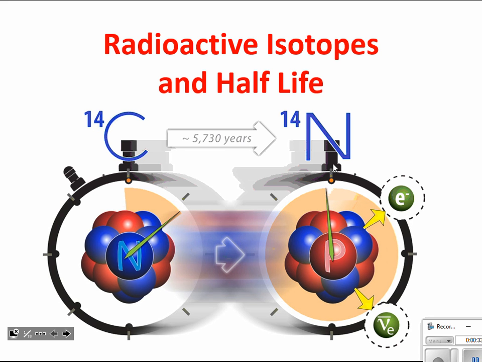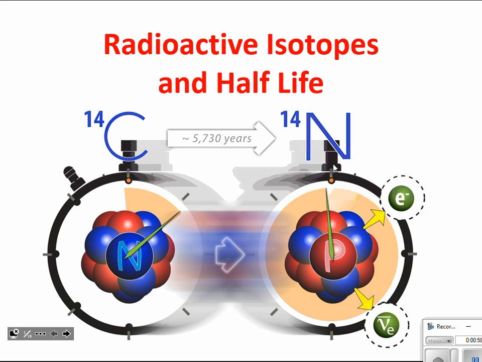So once again, the atomic mass is not changing, but the atomic number is going from 6 to 7. So that's telling me that a neutron is being changed into a proton during this process. And this process is the beta decay process.